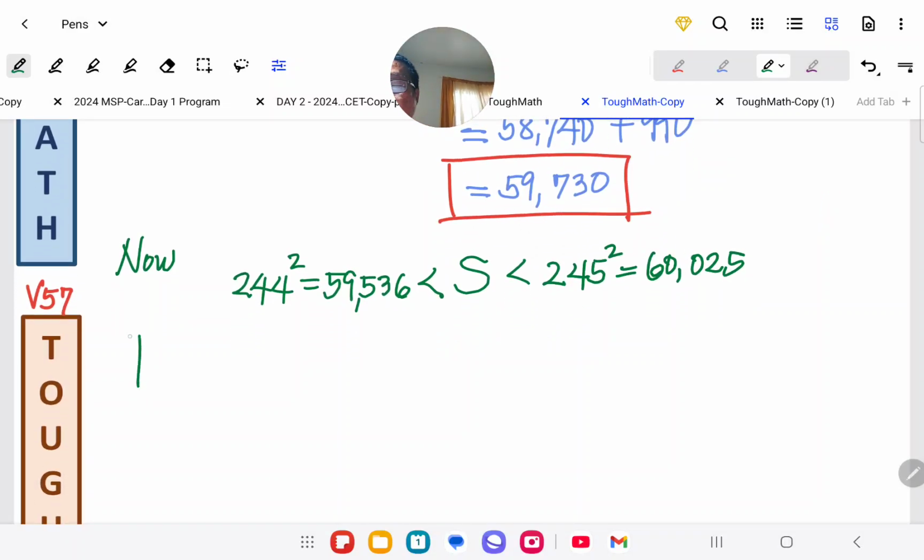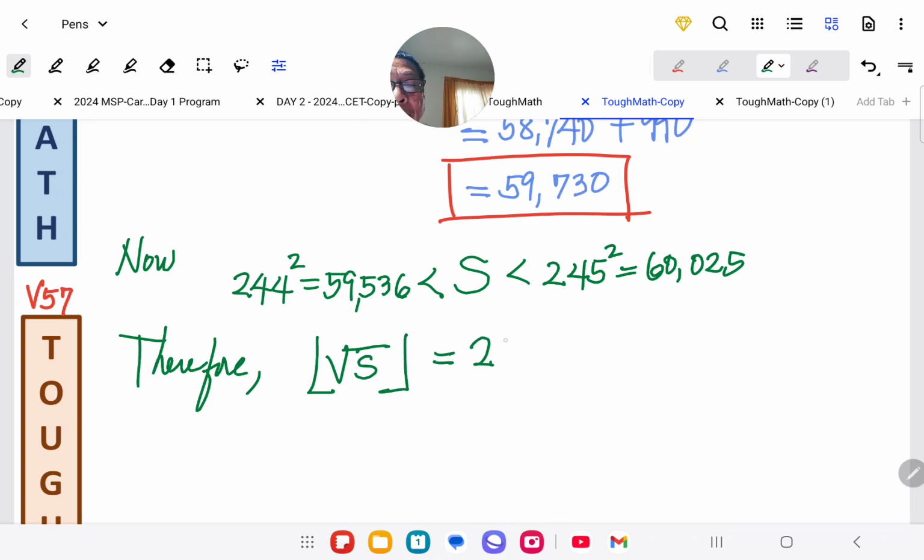Therefore, the greatest integer value of the square root of S is equal to 245. Okay, so this is our answer.